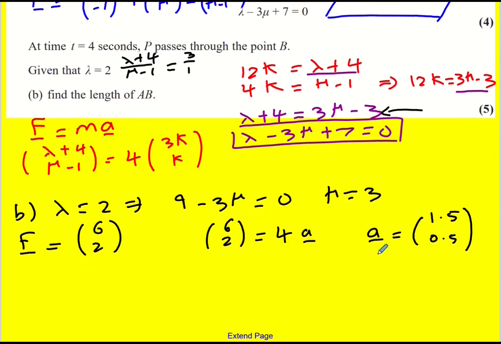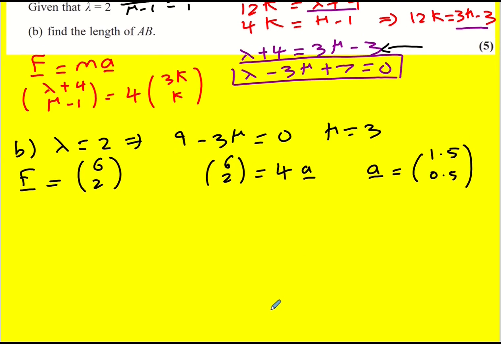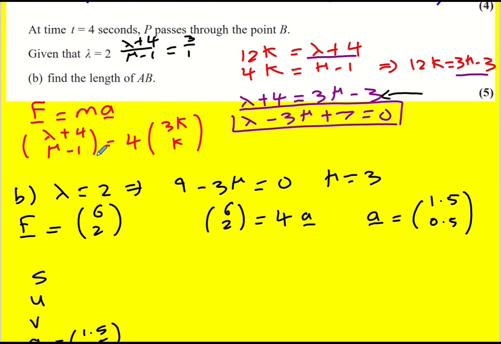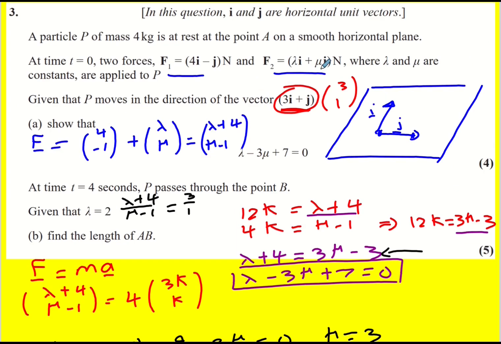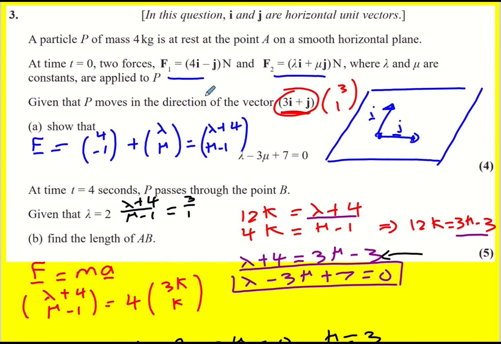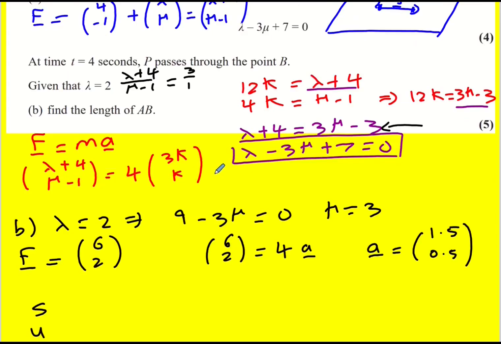Okay, that's all the force stuff done. Now it's just 2 dimensions. We've worked out this acceleration. We're told at time t = 4, it passes through the point B, whereas I think it was at the point A at the very beginning.